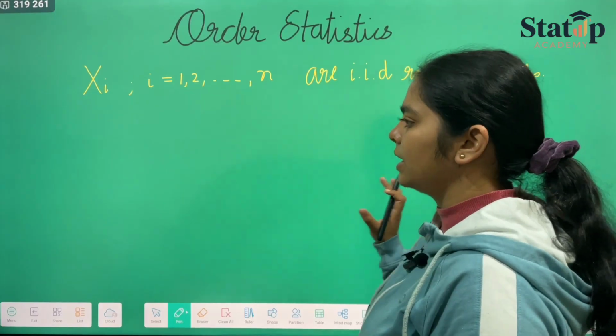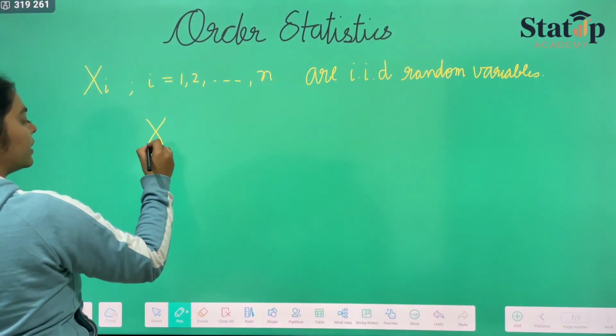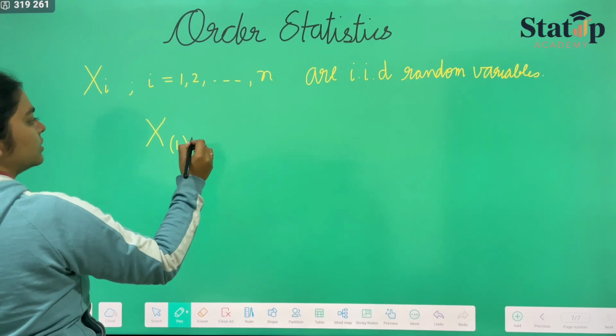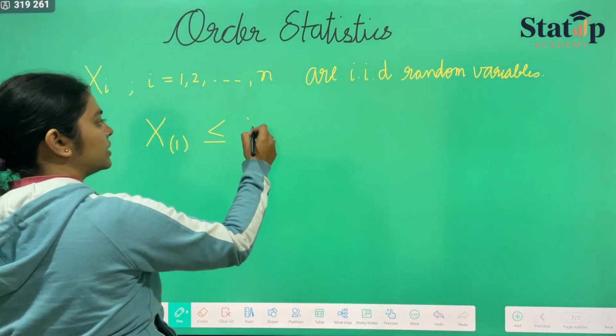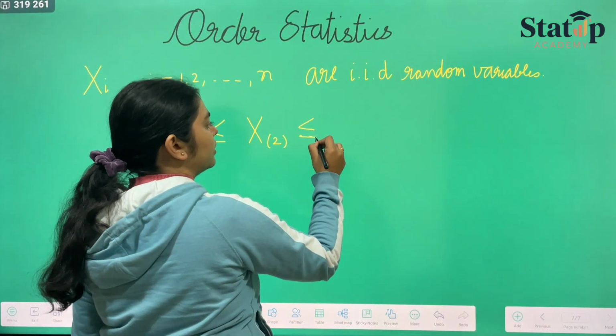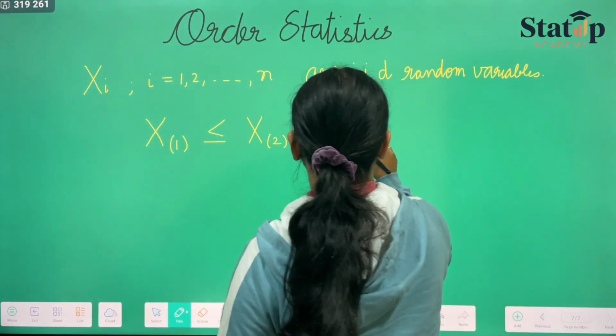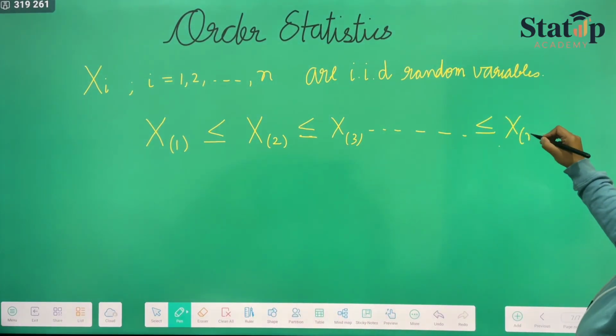If I arrange all the Xi's in ascending order, suppose the first one is X1, the second position is X2, then at third position it is X3, and so on up till the last position, Xn.